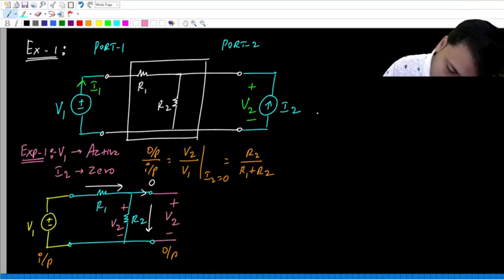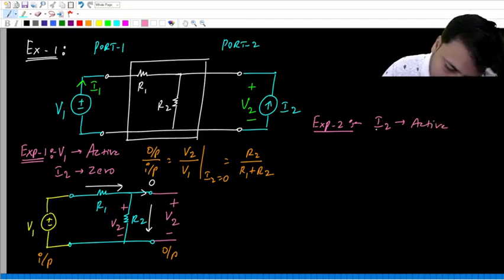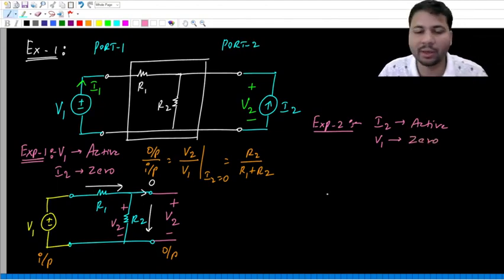In the same way, let us perform the second experiment, and this time the current source I2 will be kept active and the voltage source V1 will be made 0.